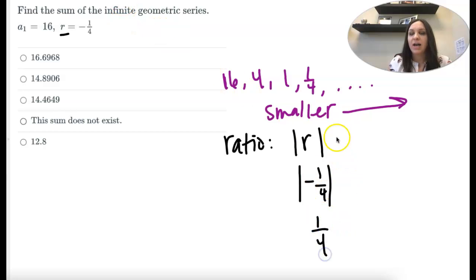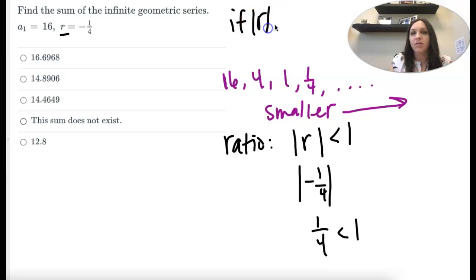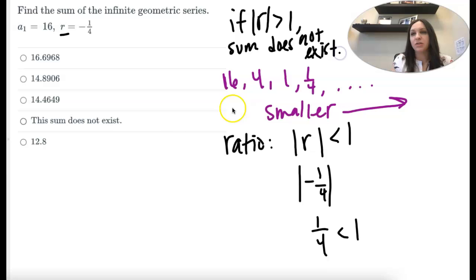That ratio has to be less than 1 in order to do this at all. So if the absolute value ratio is greater than 1, then the sum does not exist. So that's why in all of these questions you're always going to have the sum does not exist option. So our ratio is less than 1, so the sum does exist, and we're going to use this formula.